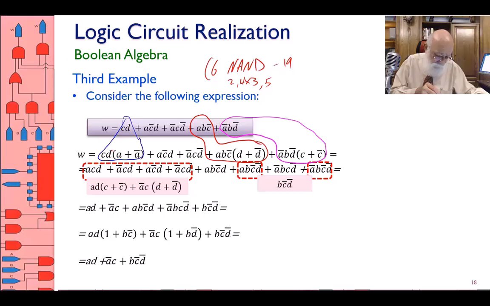Let's go one step down. I have ACD, so nothing has happened from here to here. I have A bar CD. That means I'm using the distributive law to expand this. So let me use the proper color. This has become this, and the CD with A bar becomes this.